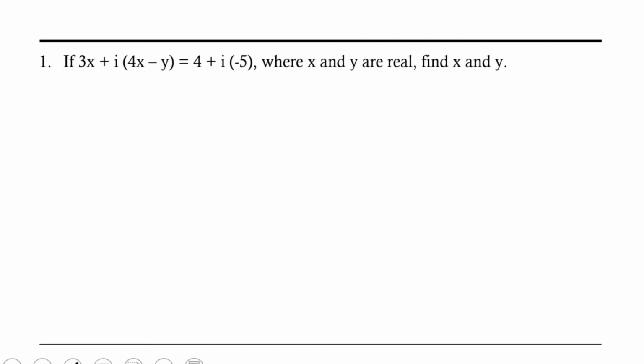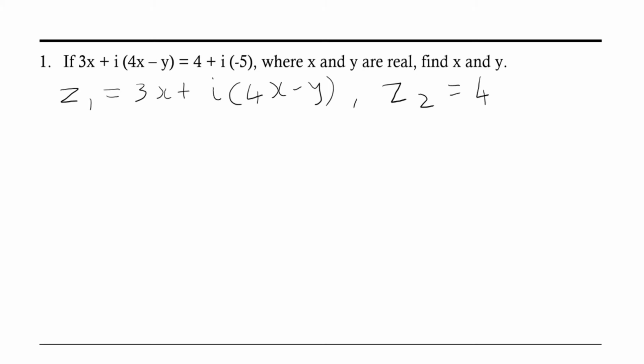Now let us consider the left hand side as z1. Let us take z1 is equal to 3x plus i into 4x minus y, and z2 as 4 plus i into minus 5. It is given that z1 equal to z2, and we are asked to find x and y.